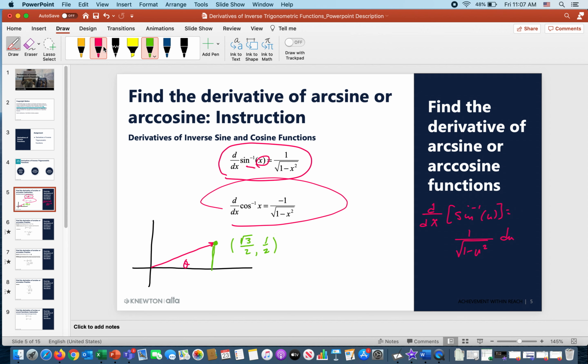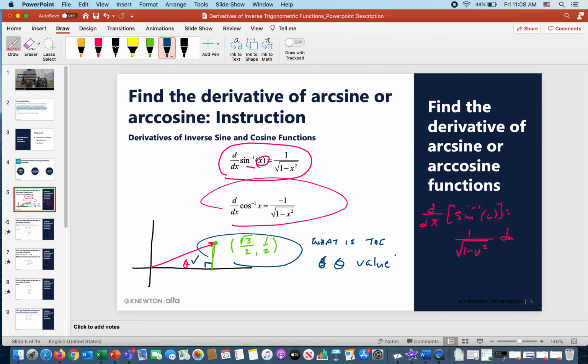And I said to you, so what is this angle theta that goes through this point? If I wanted to know the angle value, theta, what is the theta value?